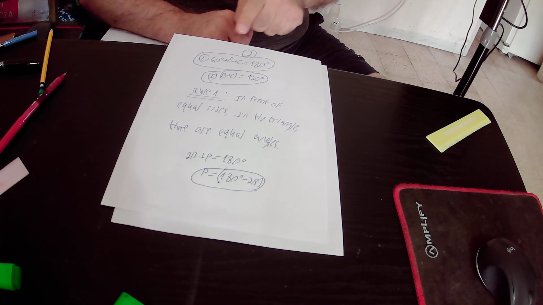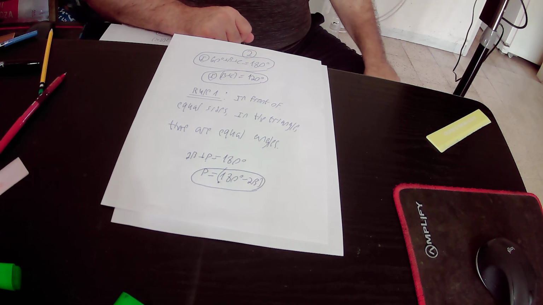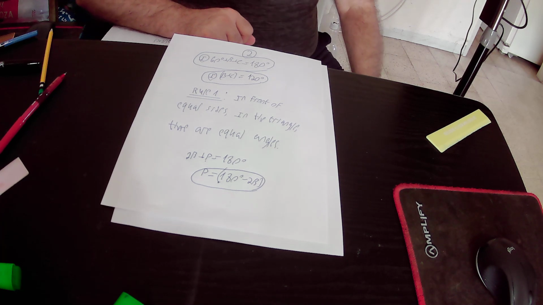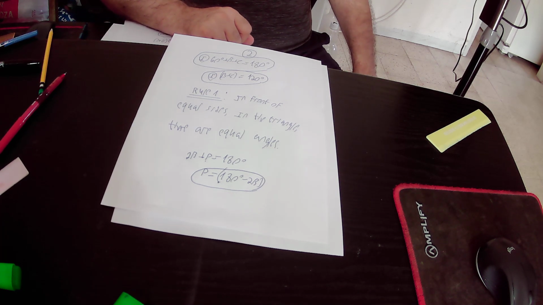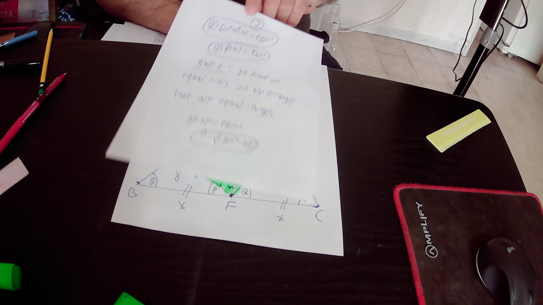We subtracted 60 degrees from this equality, and we got that B plus C equals 120 degrees. And then we have rule number 1 that states that in front of equal sides in the triangle there are equal angles.